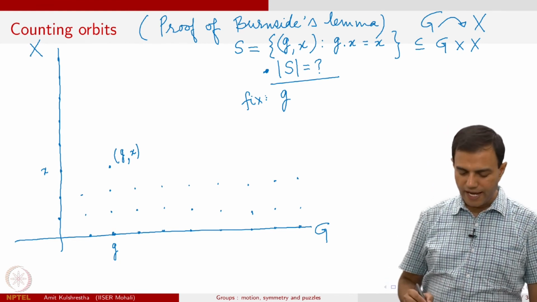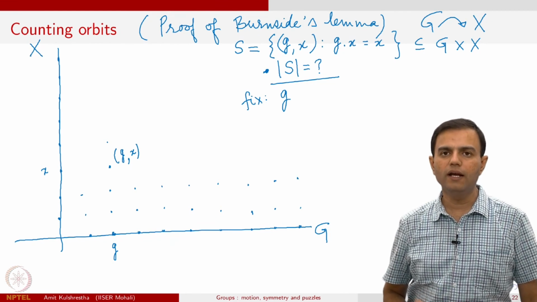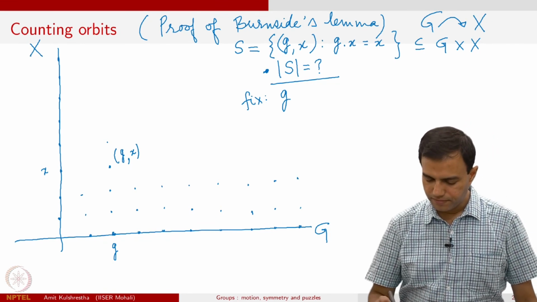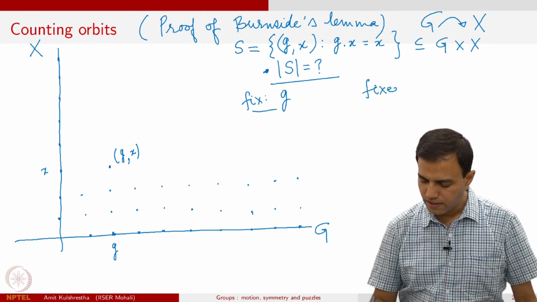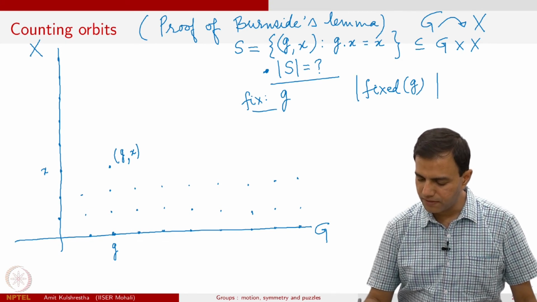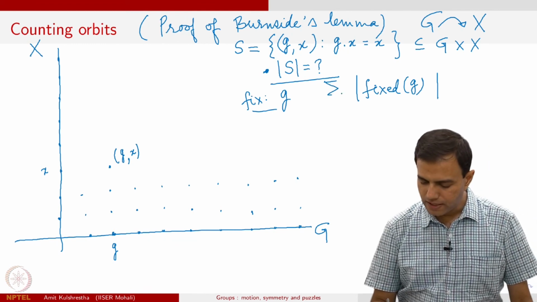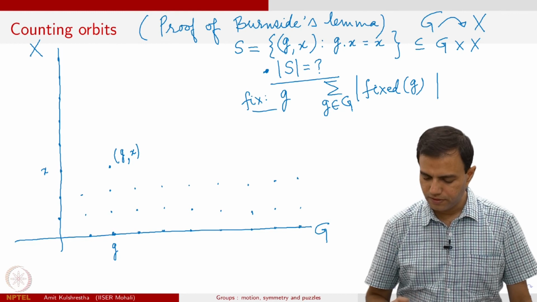So I fix g, and then I ask how many x are there which are not moved by this g. That is the fixed points of g, the size of the fixed set of g. And then I simply sum it over the whole group.